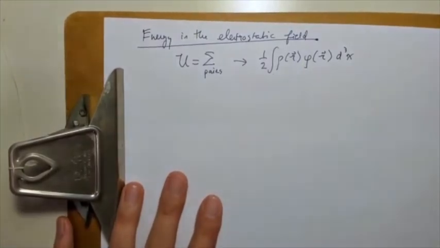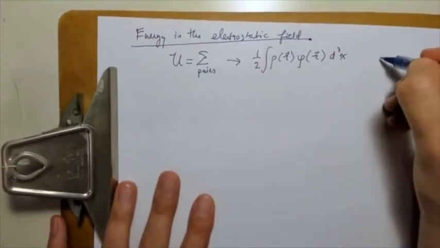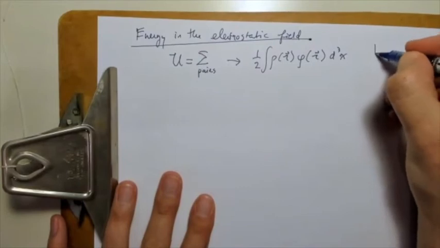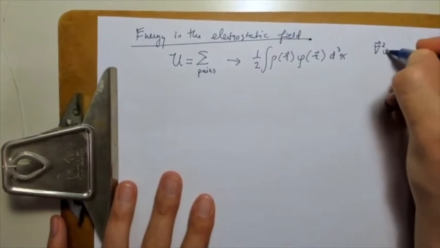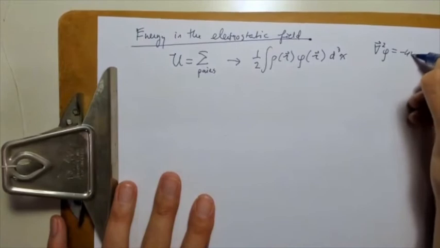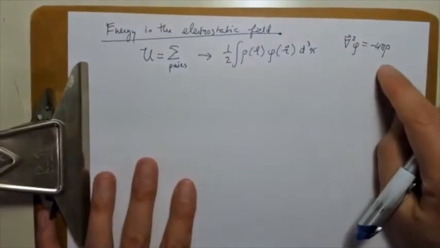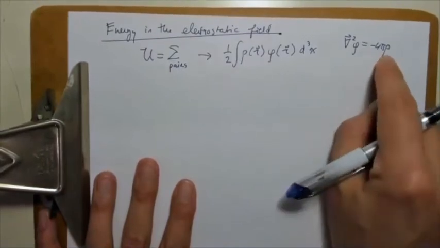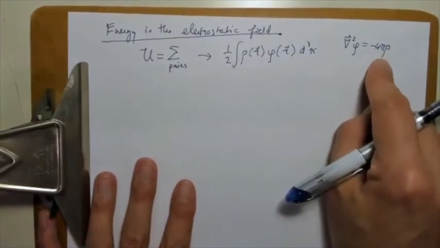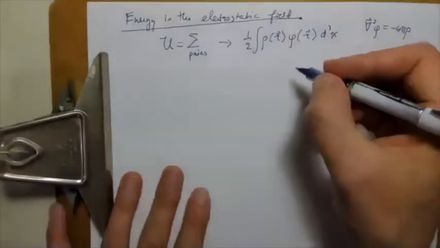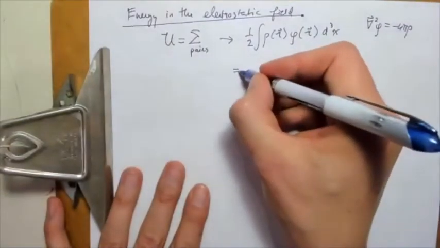So one way to do this is to say, well, we know that the Poisson equation says that this must hold, which means that we can just solve for rho and stick this into this expression.